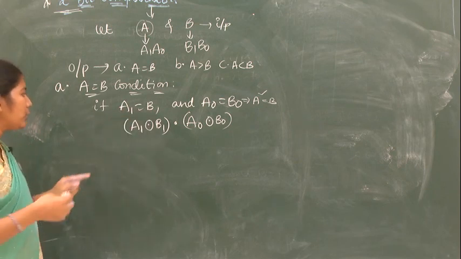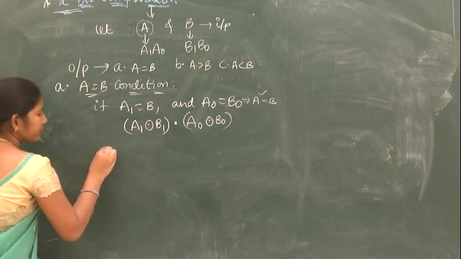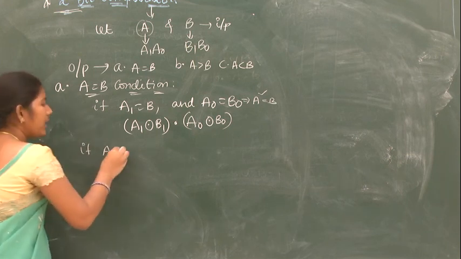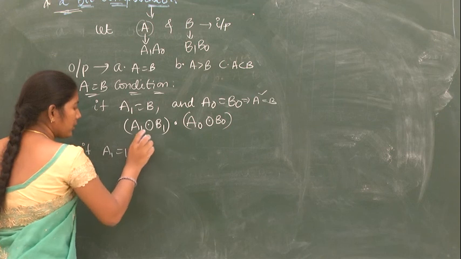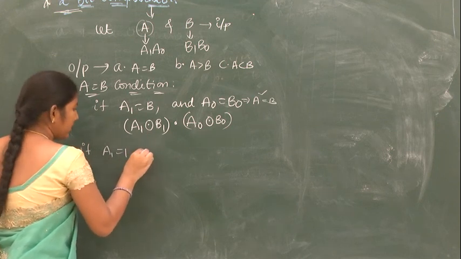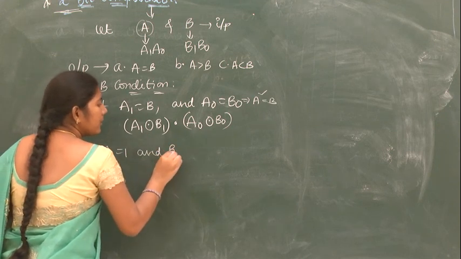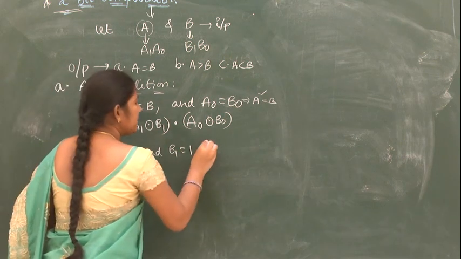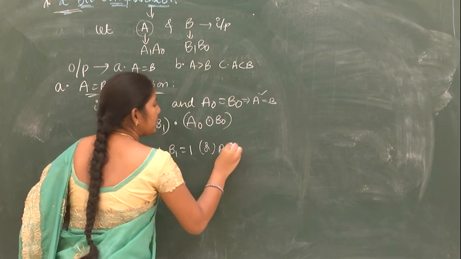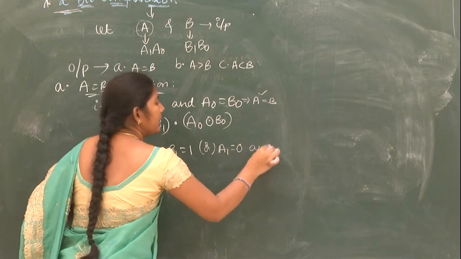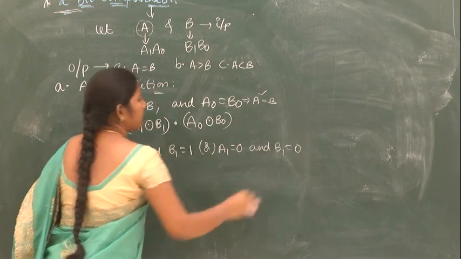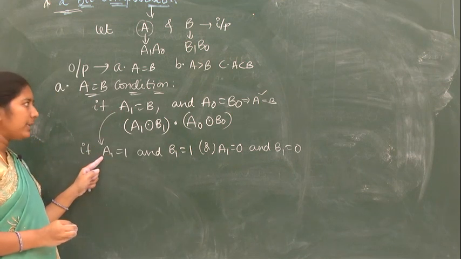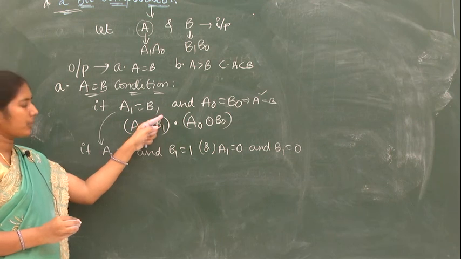If A1 equal to B1 means what? Means we need to consider each case. If A1 equal to 1 and B1 equal to 1, that is one possibility. Or else A1 equal to 0 and B1 equal to 0. If this case satisfies, then we can say that A1 equal to B1. Right?